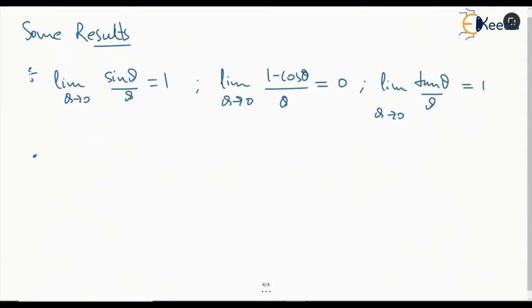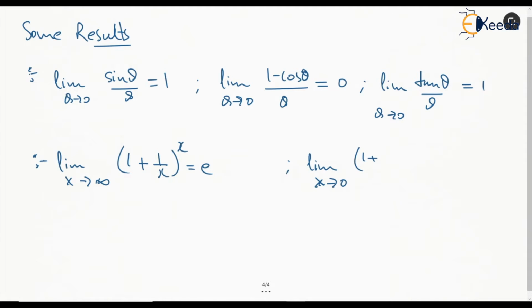Apart from this, limit x tends to infinity for (1 plus 1 by x) to the power of x is given as e, and limit x tends to 0 for (1 plus x) to the power of 1 by x is also e.